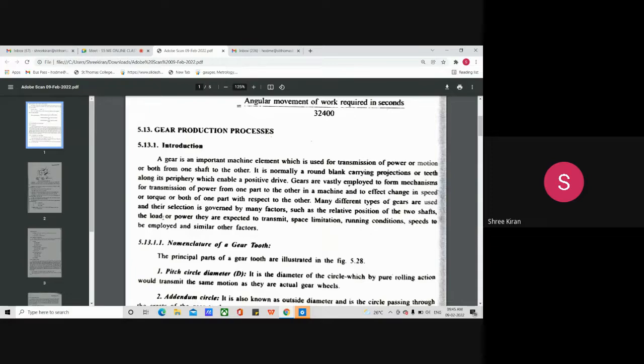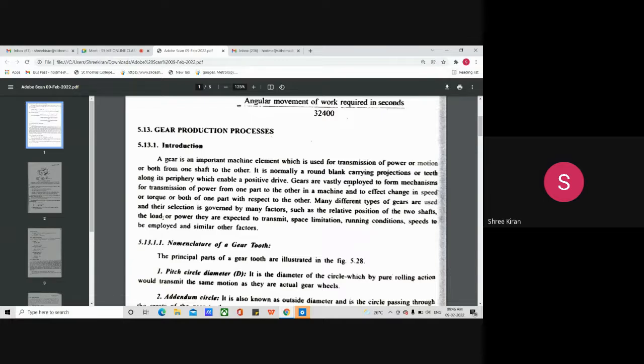Gears are vastly employed to form mechanisms of transmission of power from one part to another in a machine, and to effect a change in speed or torque or both of one part with respect to the other.